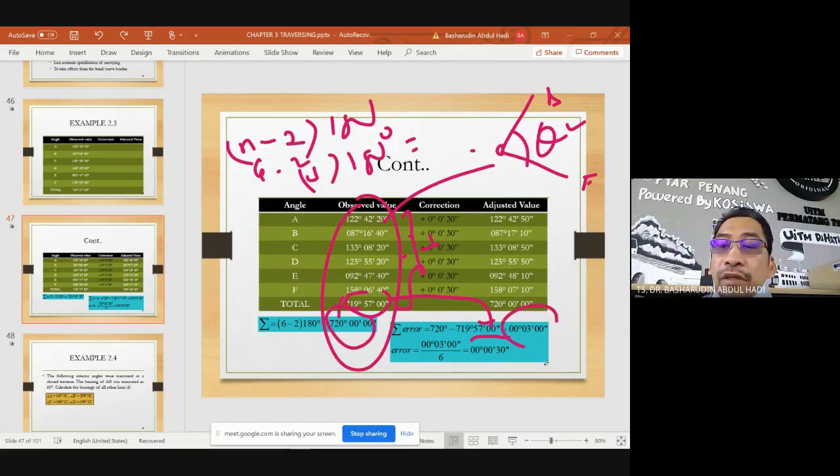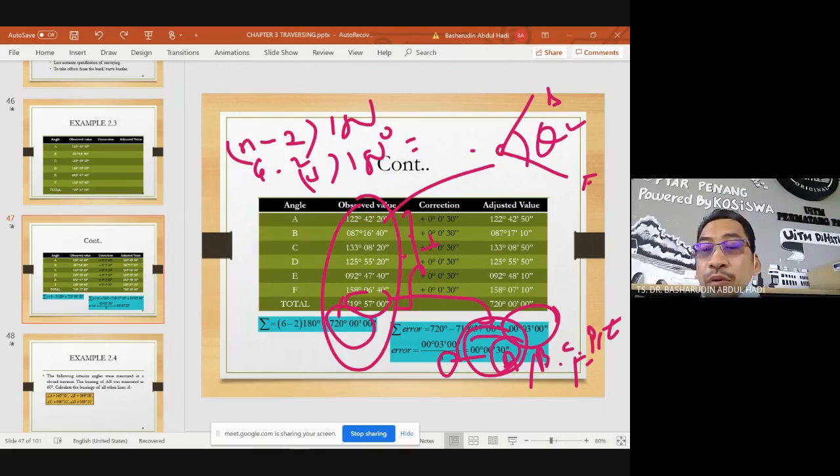So you get the correction is 0 degree, 30 minutes. So 0 degree, 30 minutes, you divide by 6 because the stations are 6: A, B, C, D, E, and F. So for every station, you must do a correction of about 30 saat, 30 seconds. So you put here 30 seconds.